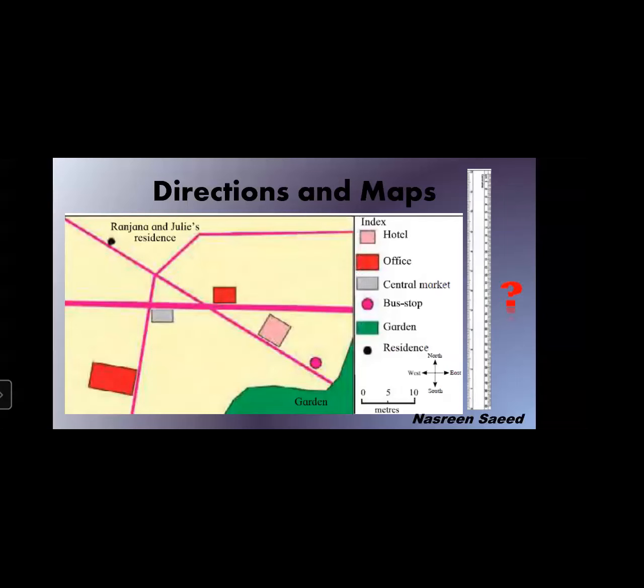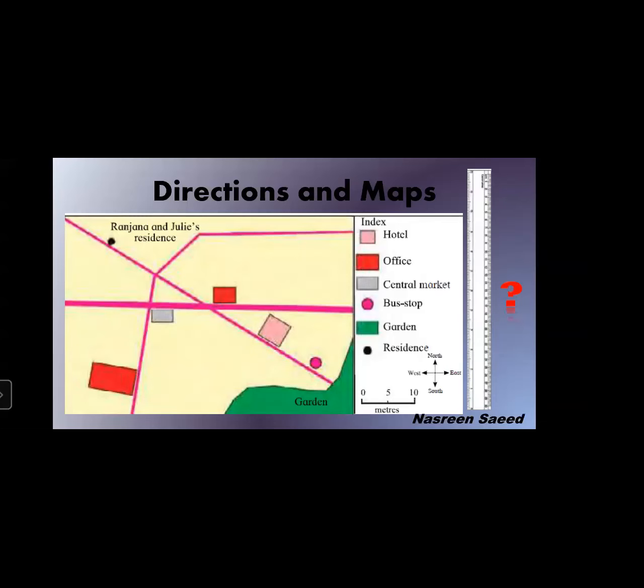Now we have to find out the distance from their residence to the garden. This I told you to find. Remember? The distance according to my calculation is 9 centimeter. If you don't get it 9 centimeter, let me know.